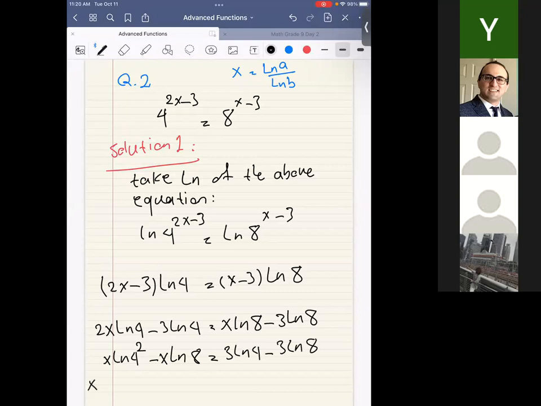So you get x times ln of 16 minus ln of 8 is equal to ln of 4 to the power 3 minus ln of 8 to the power 3. Okay, so keep this equation.